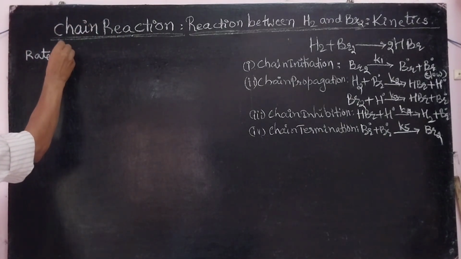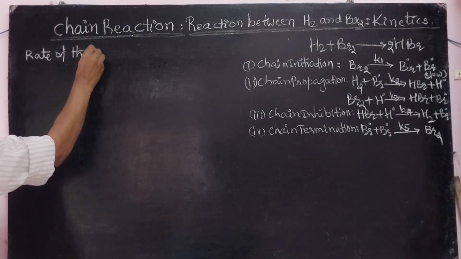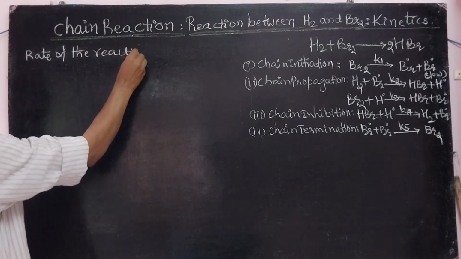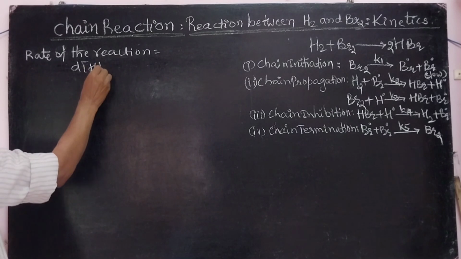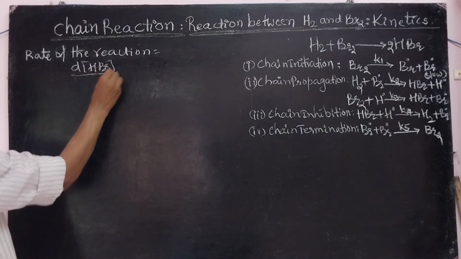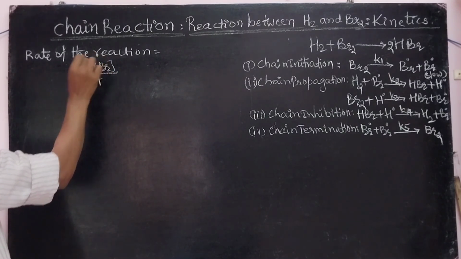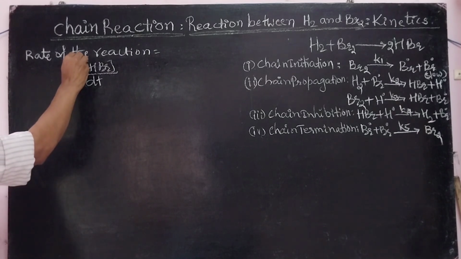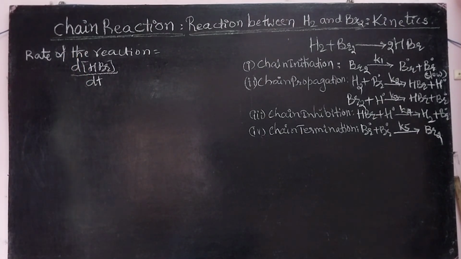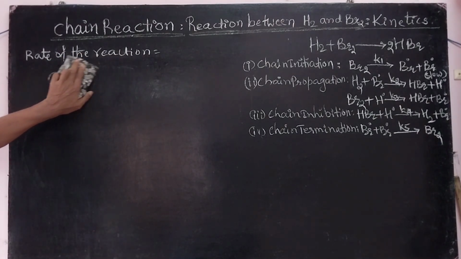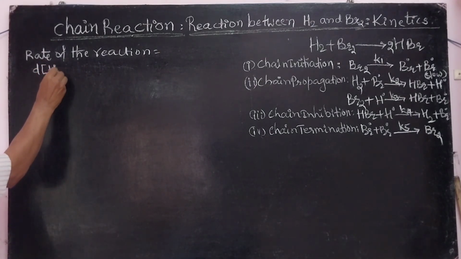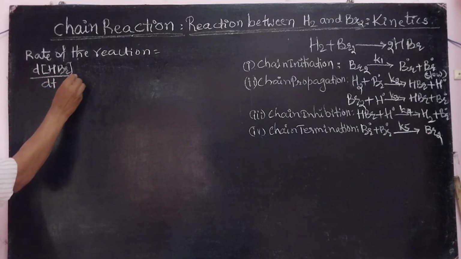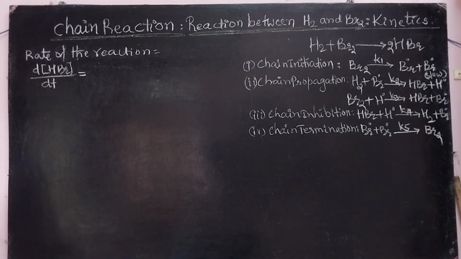Rate of the reaction is equal to d HBr divided by dt, because HBr, hydrogen bromide, is one product that is formed.